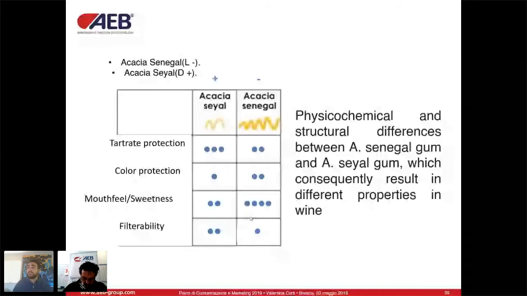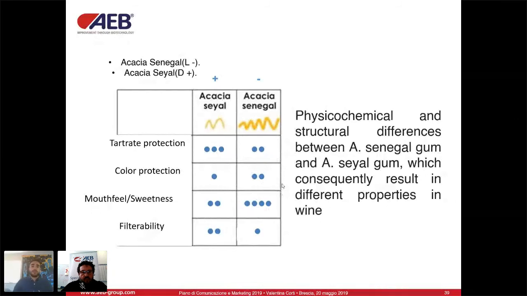In fact, the Acacia seyal is more helpful for tartrate protection, and it has less effect on filtration, while the Acacia senegal is more useful for color protection, and it adds to the wine more sweetness, more mouthfeel.